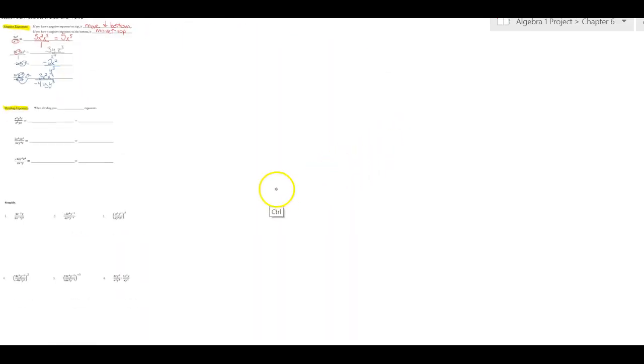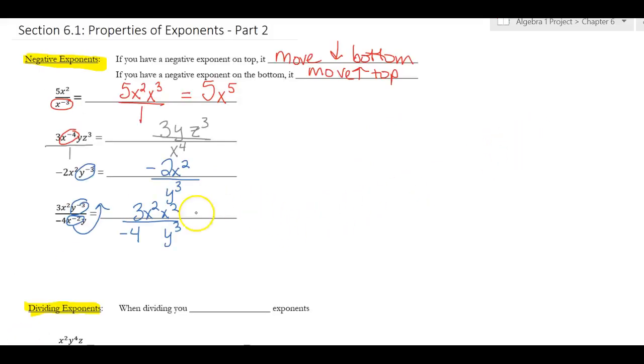And now I just, whoa, hold on. I lost something. What else was down here? Oh, y was here. And so now what I have to do is just combine my stuff. So I have a 3, I have 4 x's on top, a negative 4, and 4 y's on the bottom. And that's the answer. Okay, so when you have negative exponents, you move them.